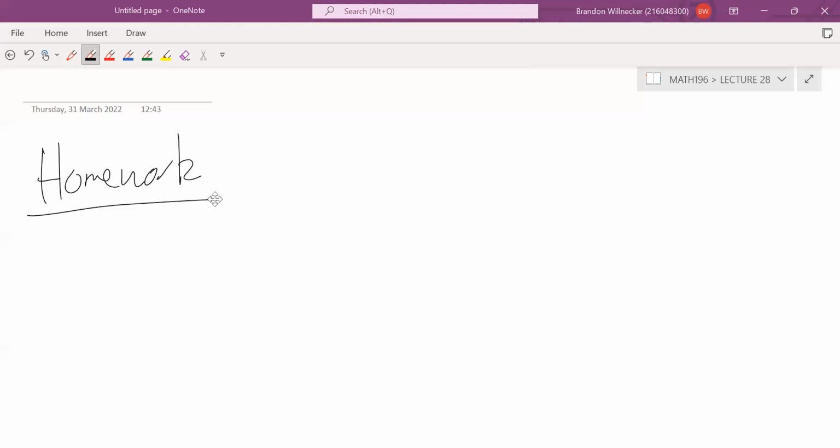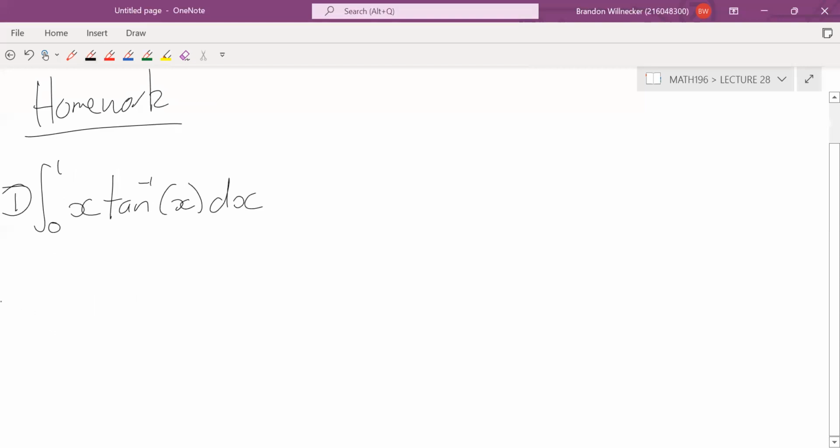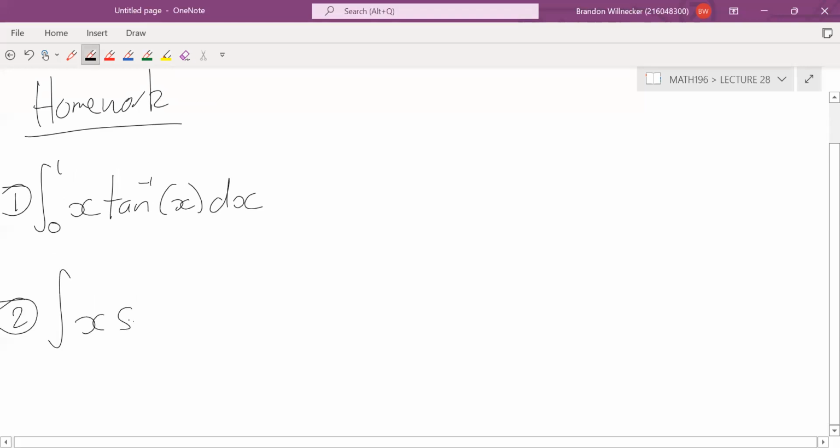Okay, so we've got the integral from 0 to 1 of x tan inverse of x dx. That's question 1. Question 2, we have the integral of x sec squared of x dx. Let me just check the bounds for this one.